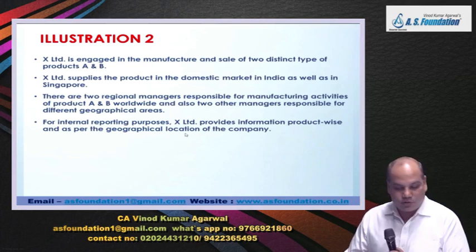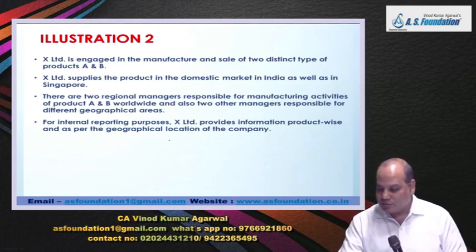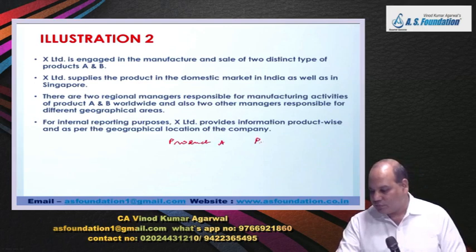Earlier, before this standard was revised, the old version of the standard was called segment reporting. Then this was revised. Earlier they used to allow matrix presentation. Matrix means you give importance to both. So you can write like this: product A, product B, India, Singapore.